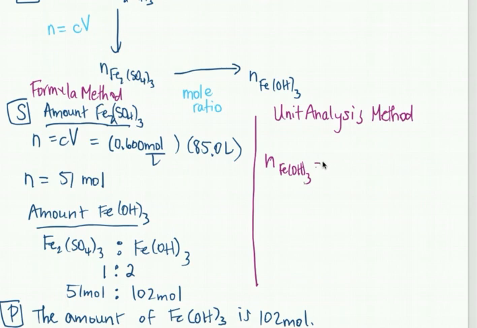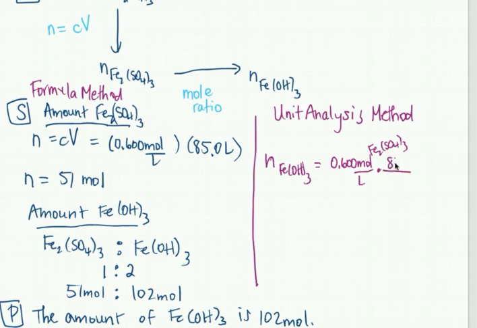So we're going to start with the concentration of the iron 3 sulfate. Okay, and then we're going to use the volume. So basically, when we have volume, we don't want it at the bottom, we want it at the top.